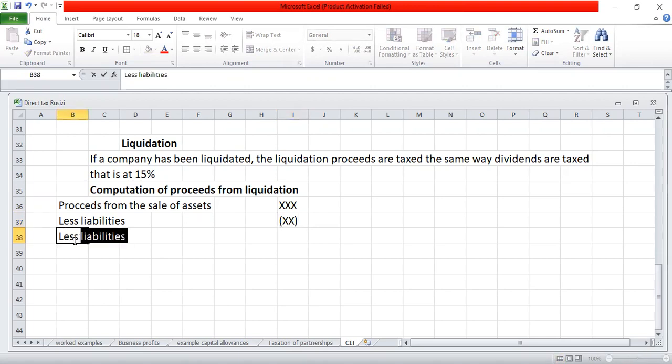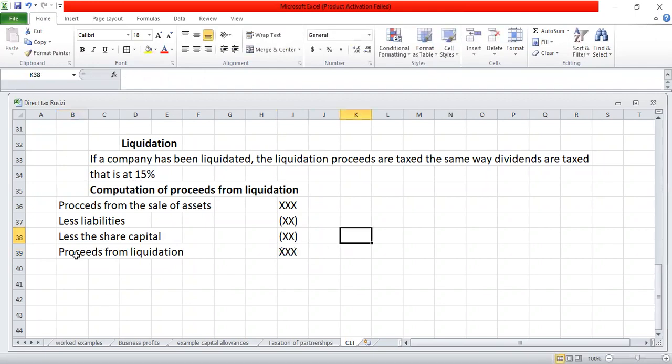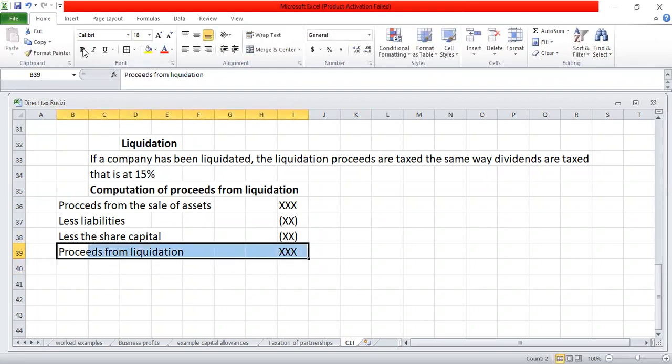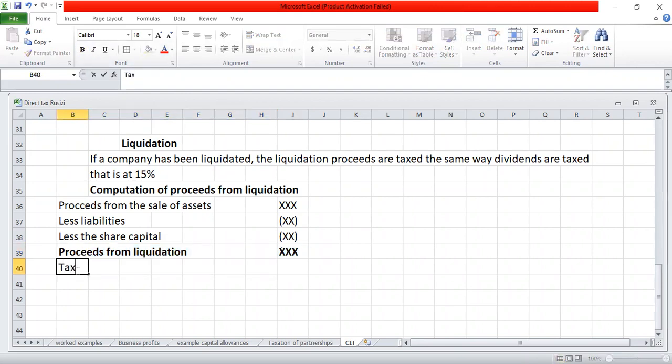We less the share capital. Then you are going to get the proceeds from liquidation. And we are saying once you get these proceeds, the tax is at 15%. You tax it the same way dividends are taxed.